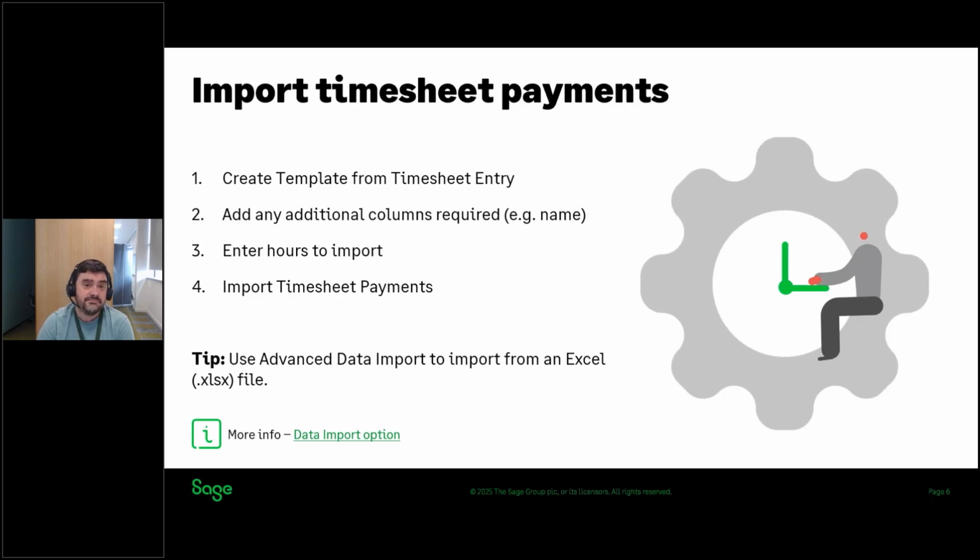Someone would fill in that Excel sheet or the CSV file, entering the total number of hours that need to be imported into the period, and then we can run through the data import wizard, or advanced data import is the one that I'm going to use because that takes Excel files and that will get the information in. So let's try and put some of that to practice now.